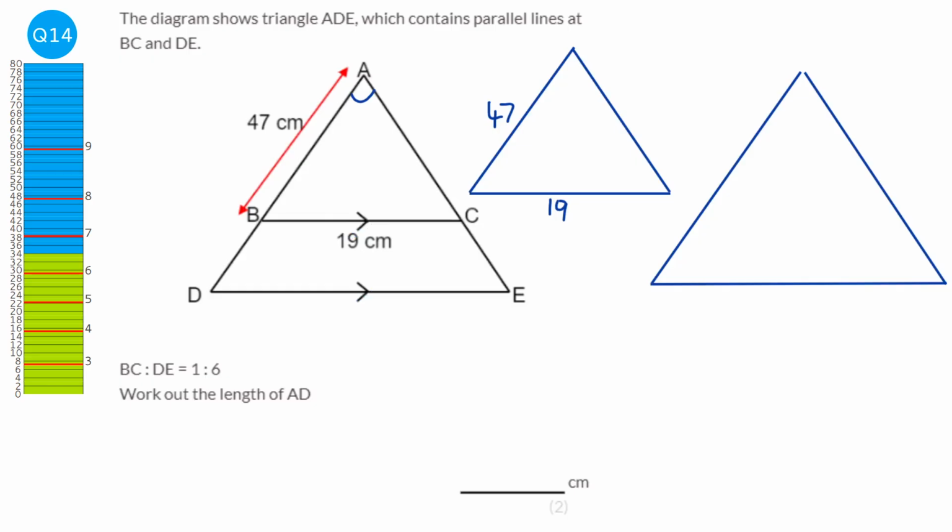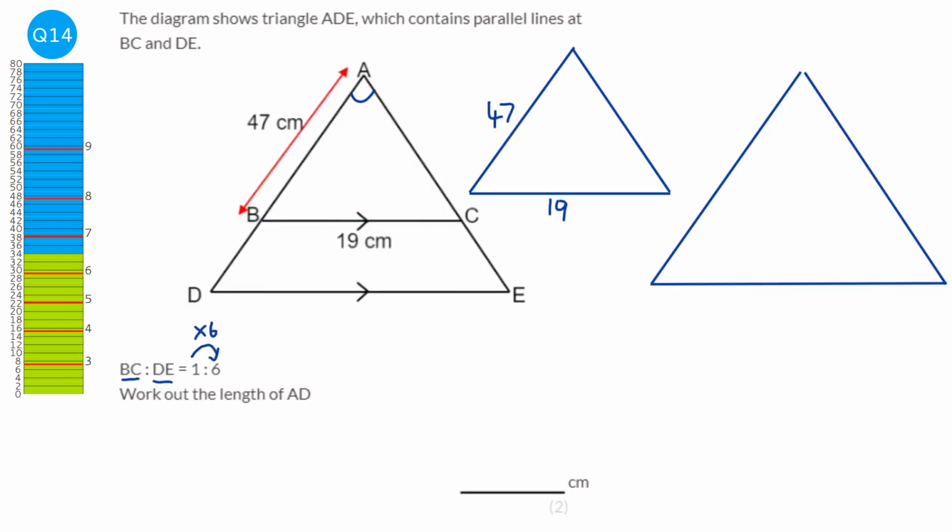And we are given some information in the question that the ratio of BC to DE is 1 to 6. So BC is this length here, and DE is this length here. So we're actually given the scale factor because we know that 1 times 6 is 6.